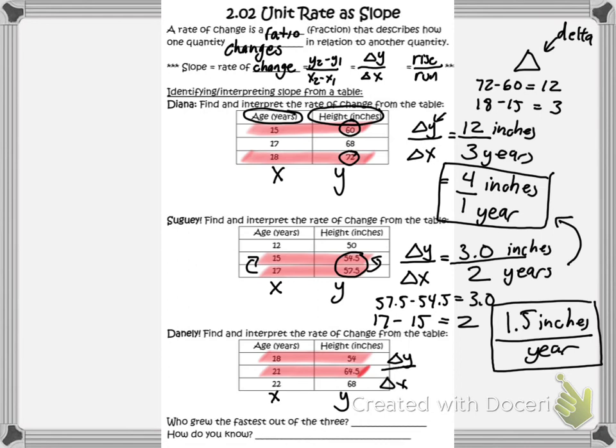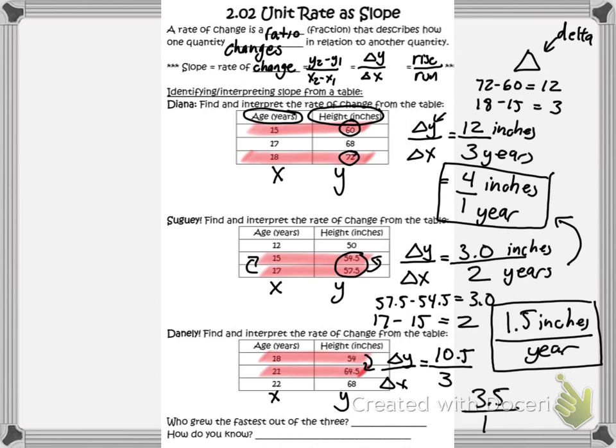So the change from 54 to 64.5, I'm going to do that in my head, that's 10.5. And the change from 18 to 21, that's going to give me 3. So I'm going to use my handy dandy calculator. Type in 10.5 divided by 3. And that's going to give me 3.5 over 1.